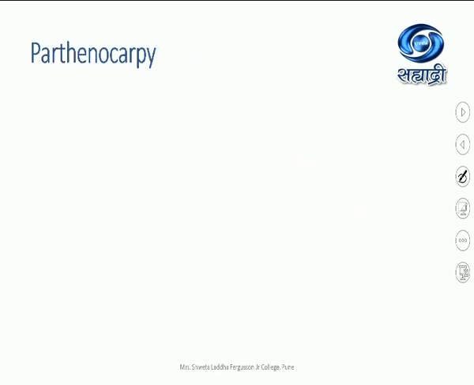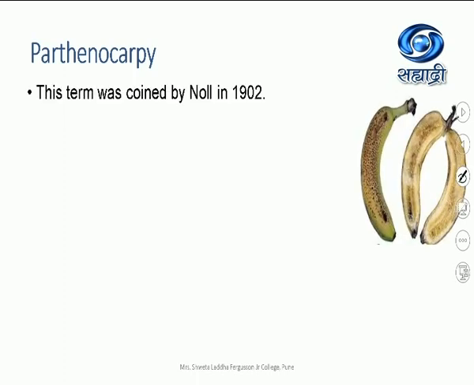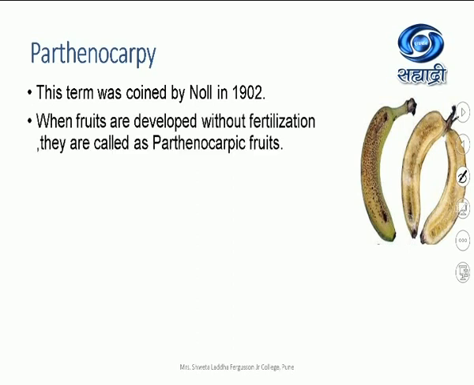Now let us understand the concept of parthenocarpy. Parthenocarpy, example banana. This term was coined by Noll in 1902. Listen carefully. When fruits are developed without fertilization, they are called parthenocarpic fruits. Students, you always get confused between pseudocarp and parthenocarp.